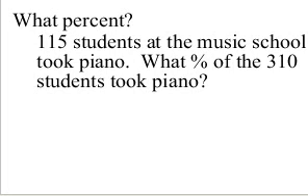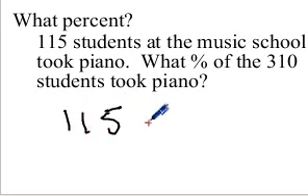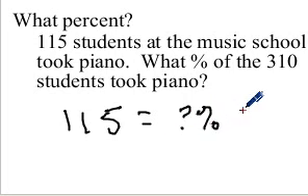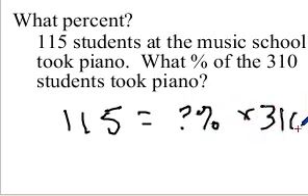So what this question really is asking you is, if you have 115 students, what percent of 310 is that? We don't know. Some percent of 310 is equal to 115.